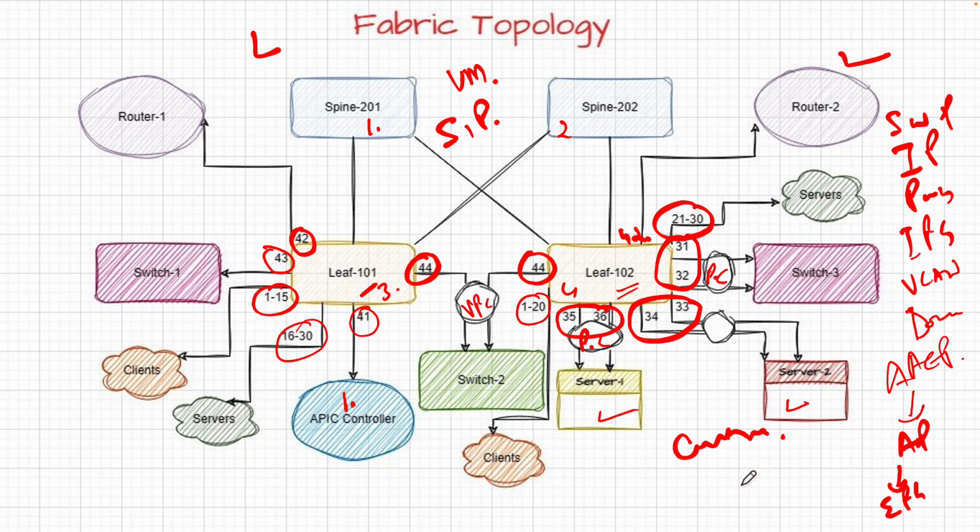So all of these things I will be doing, and tenant, the main thing, VRF, the bridge domain, the subnets which are part of this bridge domain. All of these components need to be created and then connected.